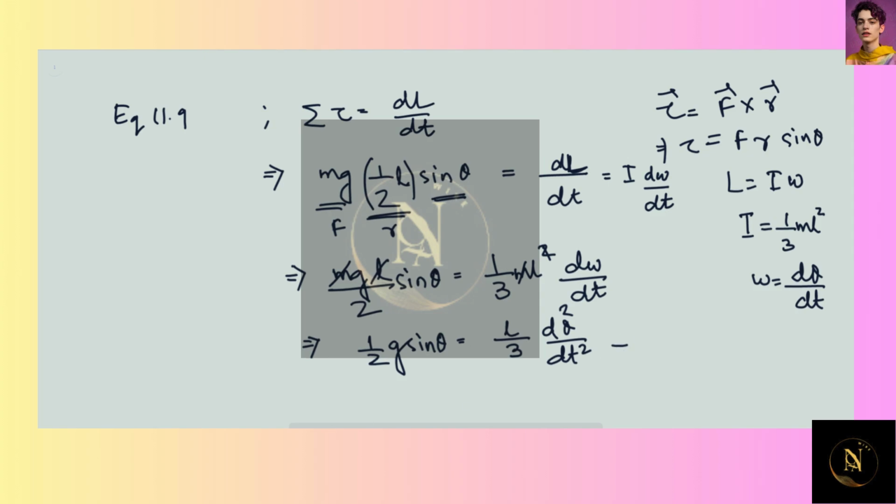Let's keep in mind this equation and call it equation 1. This equation could be considered, but it would yield theta as a function of time. Therefore, we use the chain rule to eliminate the time dependence.